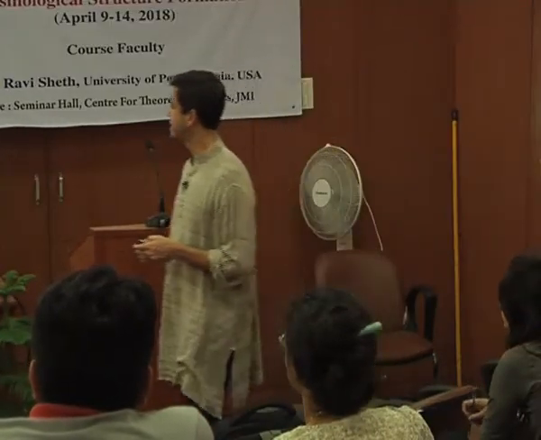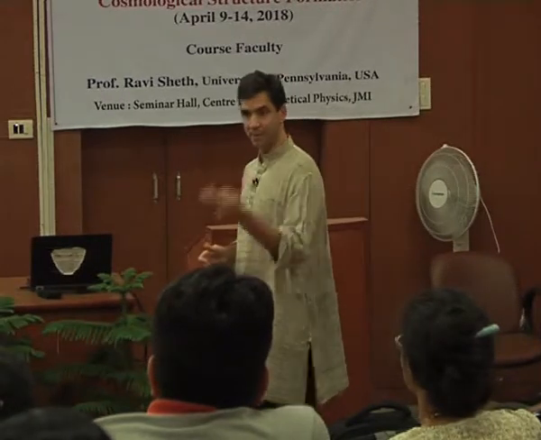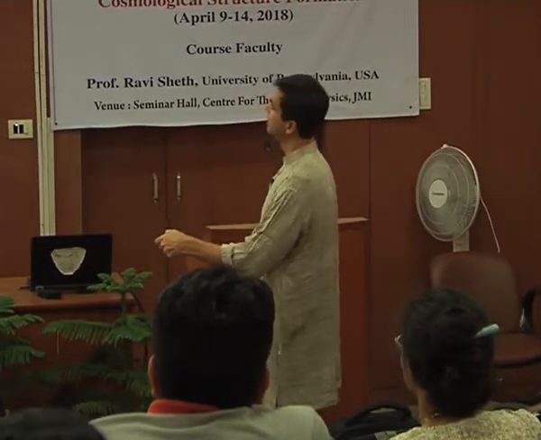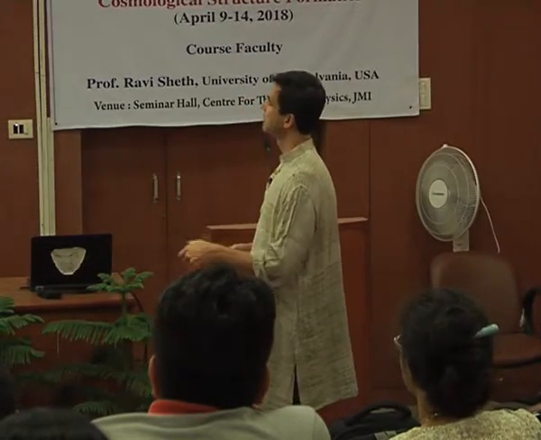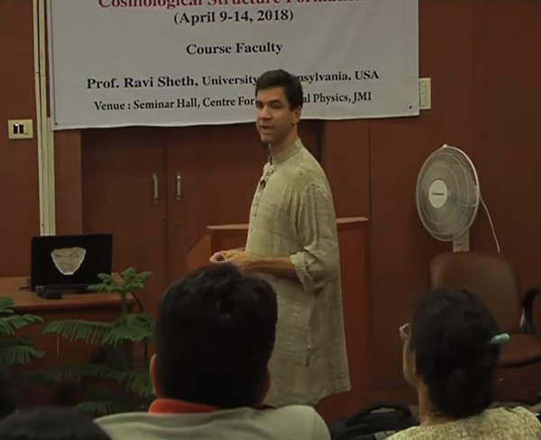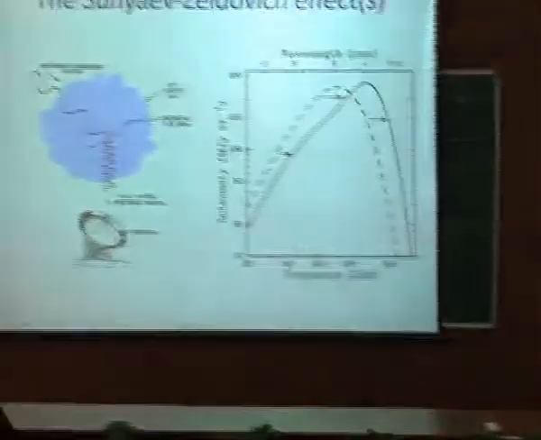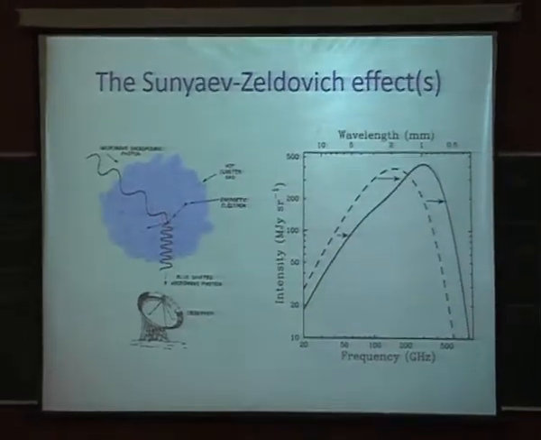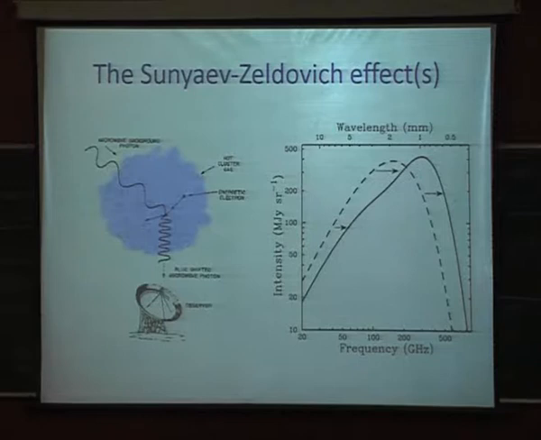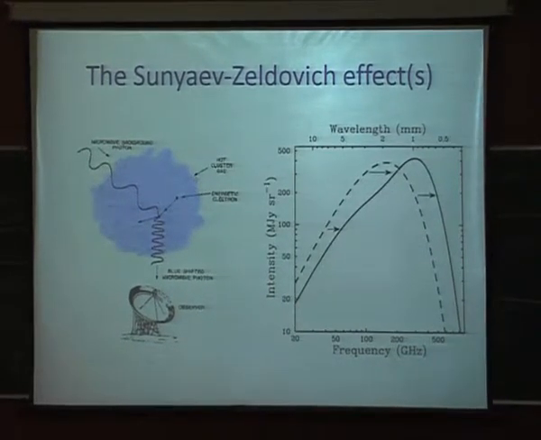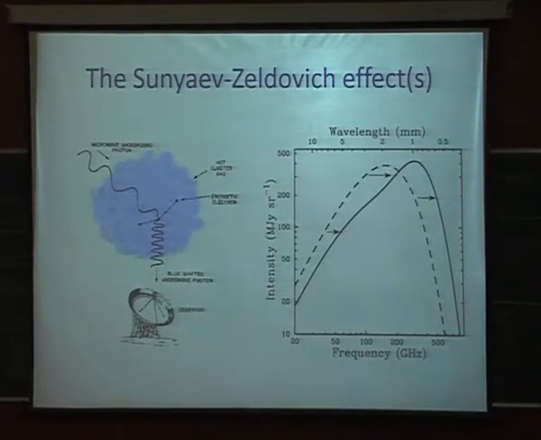And the SZ effect is, someone mentioned it earlier today, right? We have photons from the CMB that are traveling and they hit a big clump of gas. And the clump of gas has electrons. If those electrons are moving fast, then the photons gain energy by colliding with the electrons. So inverse Compton scattering.